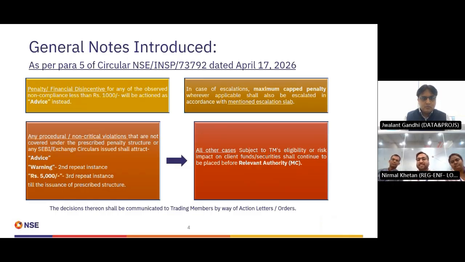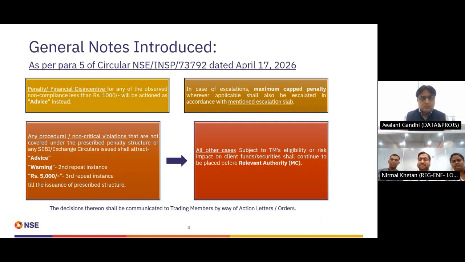Apart from this, some clarifications towards cap on penalty have been made. In various violations, we have mentioned that the amount is based on some percentage of the amount of irregularity, the actionable amount, which will be applicable in the form of penalty or financial disincentive.